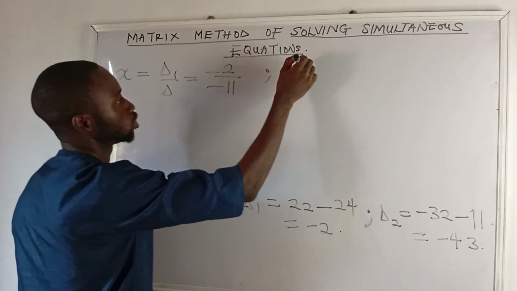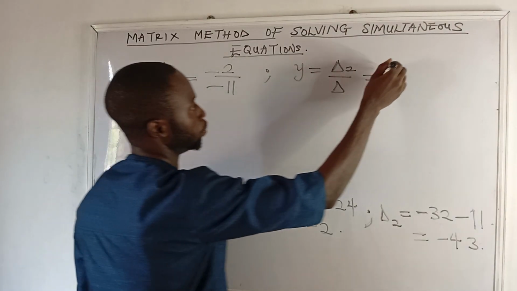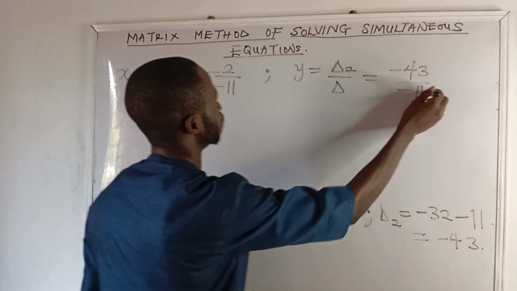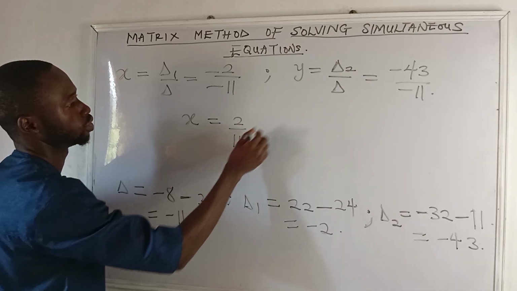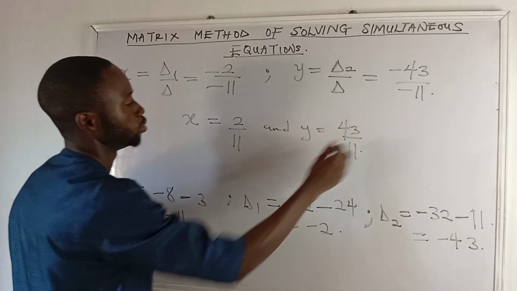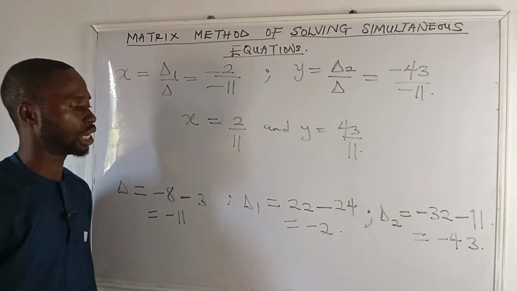Then our delta 2, which is y equals delta 2 over delta, that's minus 43 over minus 11. So therefore, x is equal to 2 over 11 and y equals 43 over 11, because the minus will cancel up and down, the minus as well will cancel up and down.